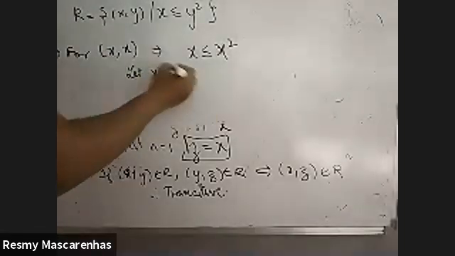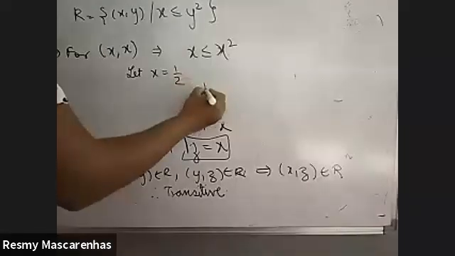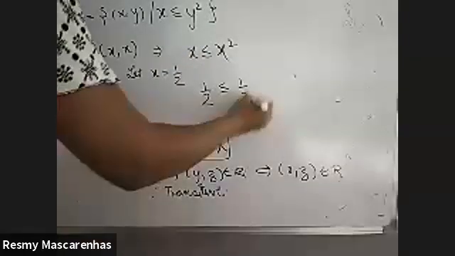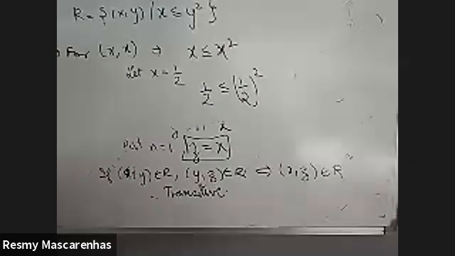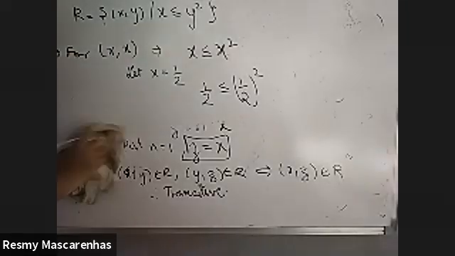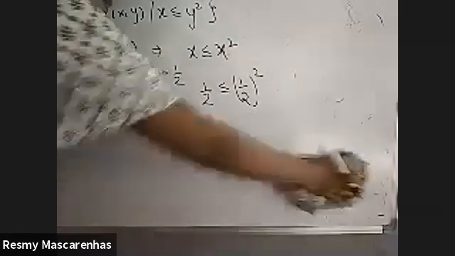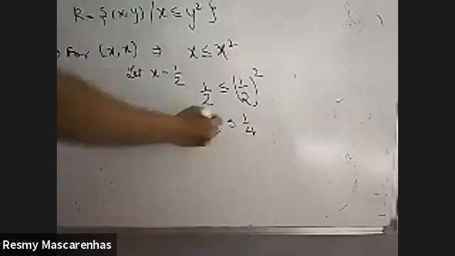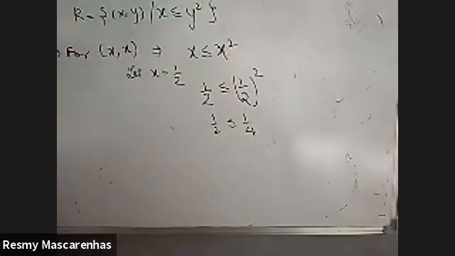So when x is equal to half, this side will be half. Any fraction you can take; I've just taken 1 upon 2. So on this side what you'll get is 1/4. Is half less than 1/4?